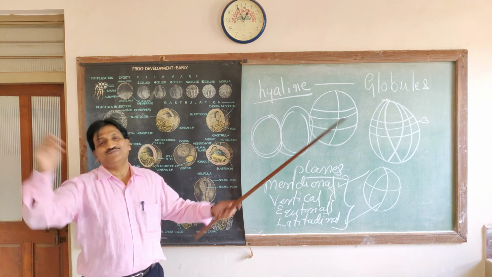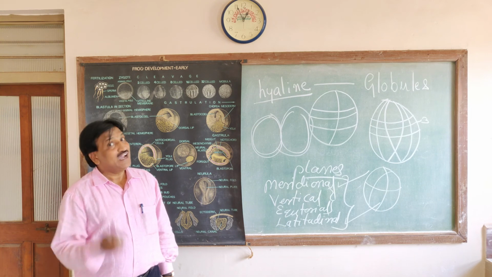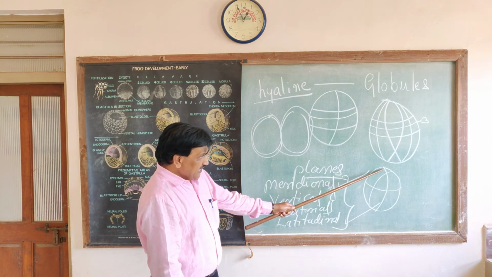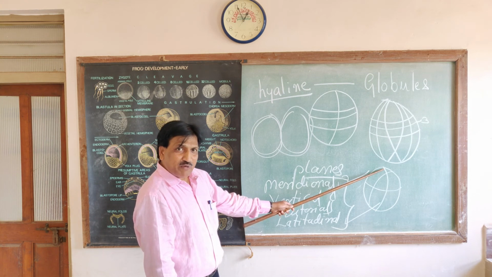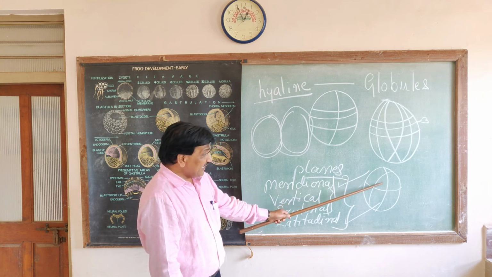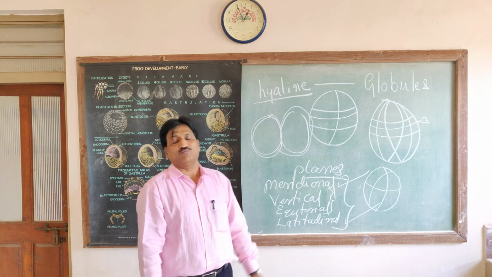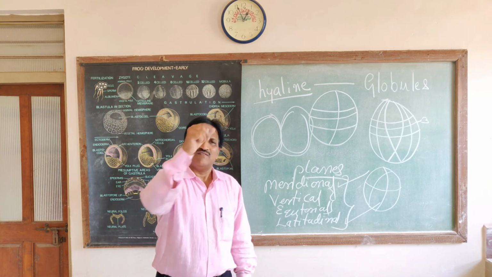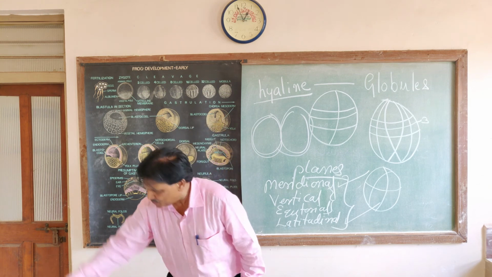Sir, how? I will repeat once again. Meridional cleavage starts from the animal pole, gradually extending towards the vegetal pole. The first and second are meridional: first they appear in the animal pole, gradually extending towards the vegetal pole.